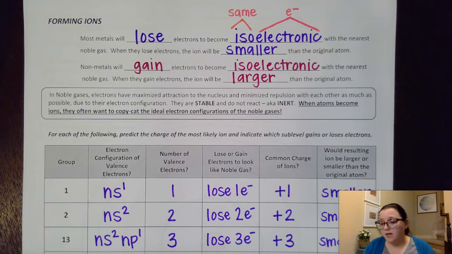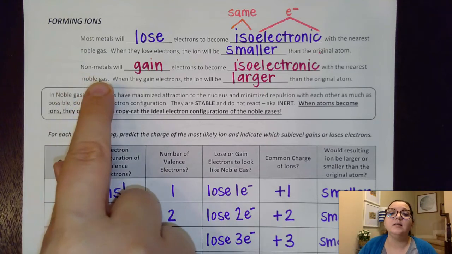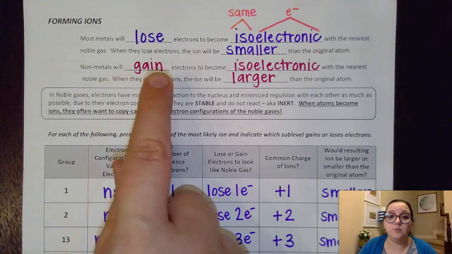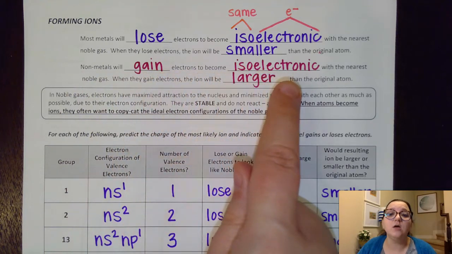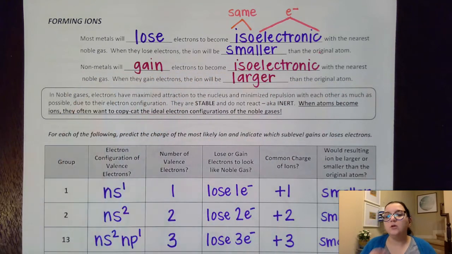On the flip side, your nonmetals tend to gain electrons to become isoelectronic with the nearest noble gas. You notice on both of these, we're going to try and look like a noble gas if we are predicting. And that is pretty common for an atom becoming an ion. A lot of times it ends up wanting to look like a noble gas with regards to the number of electrons it has.